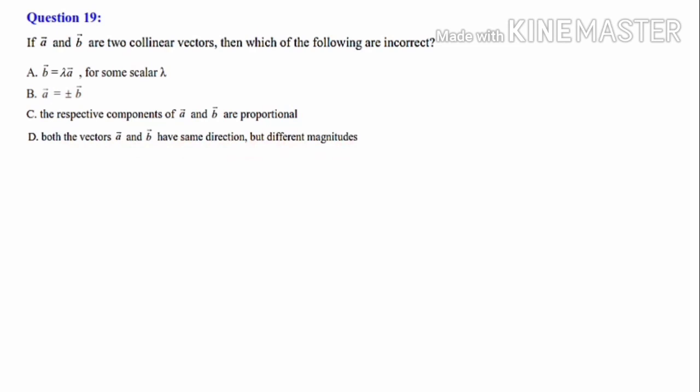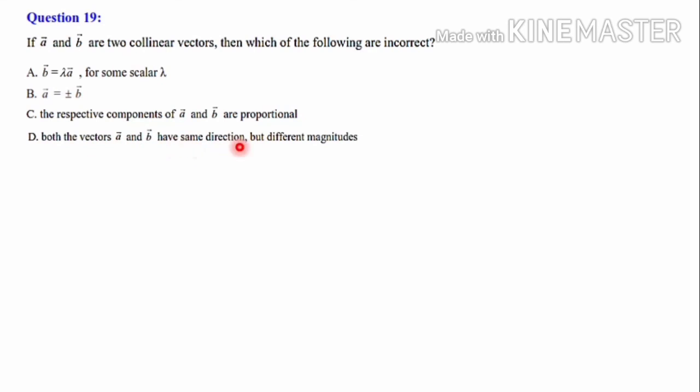From the definition itself, we know that if vector A and B are two collinear vectors, they must be parallel to the same line and they may have different directions and magnitudes. So if you check the fourth statement, it says both the vectors A and B have the same direction.